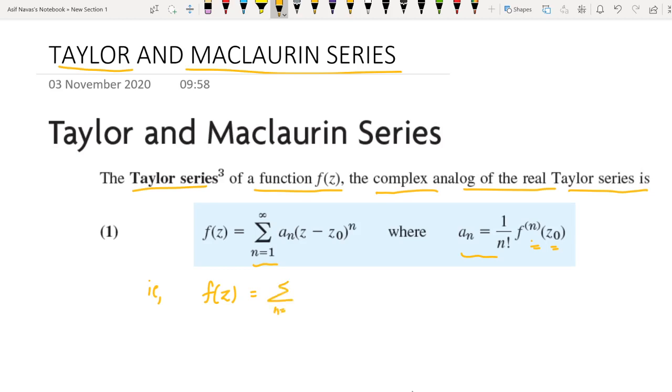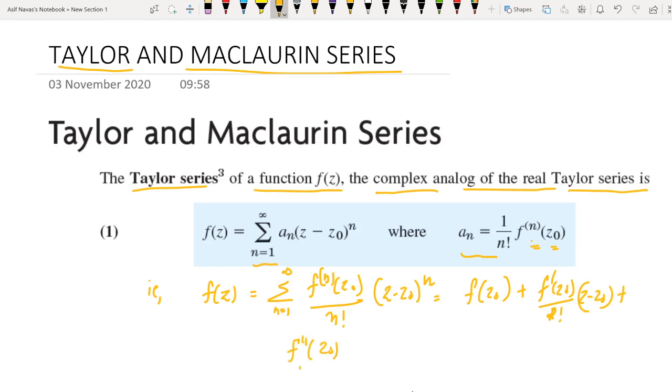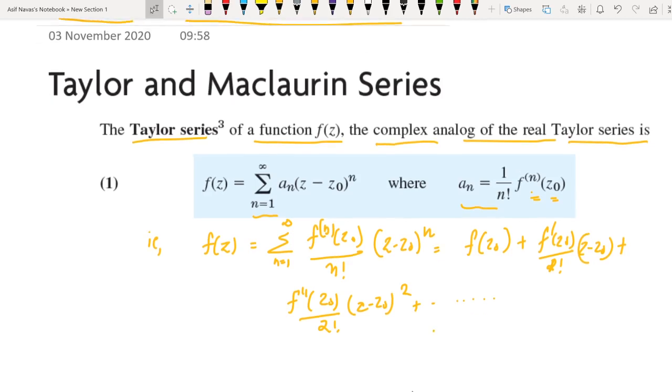So f of z is sigma n equal to 0 to infinity, the nth derivative of f at z naught by n factorial into z minus z naught all power n, which can be written as f of z naught plus f dash of z naught by 1 factorial into z minus z naught plus f double dash of z naught divided by 2 factorial into z minus z naught all square plus etc. So this series is called a Taylor series.